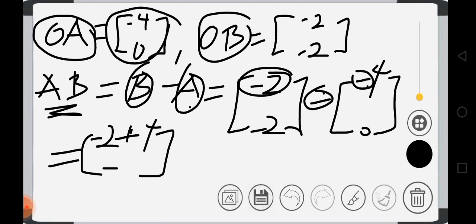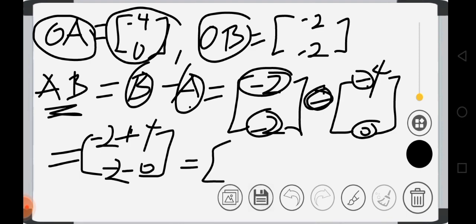Then minus 2 minus 0 for the downside. So I'm going to have minus 2 plus 4, that is 2. Minus 2 minus 0, that is minus 2. So this will be the answer.